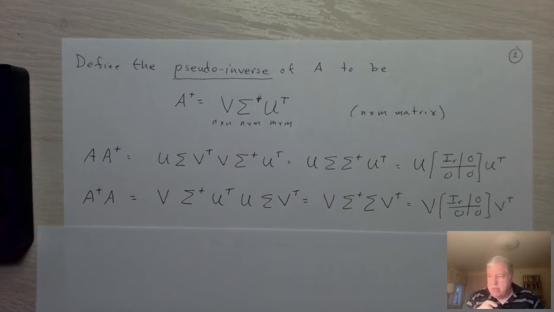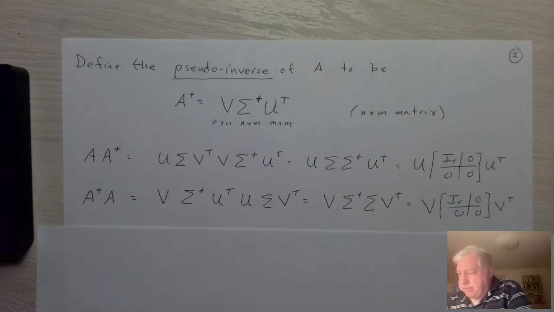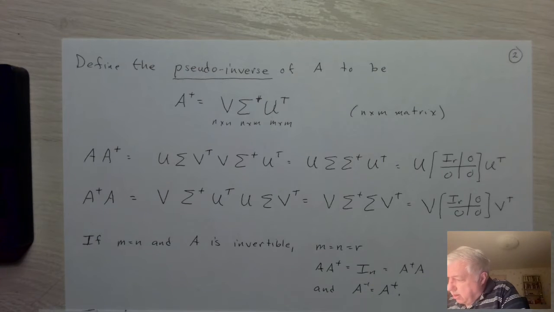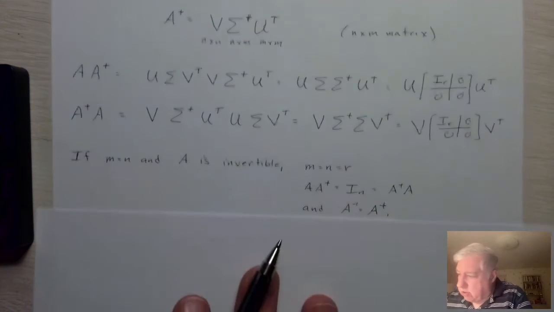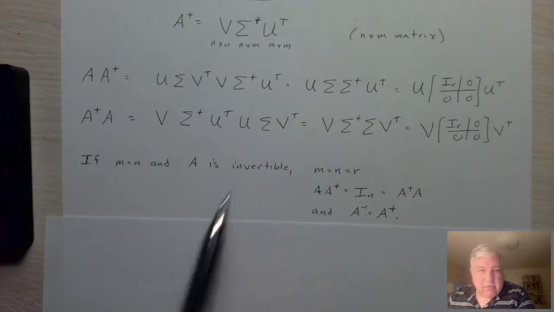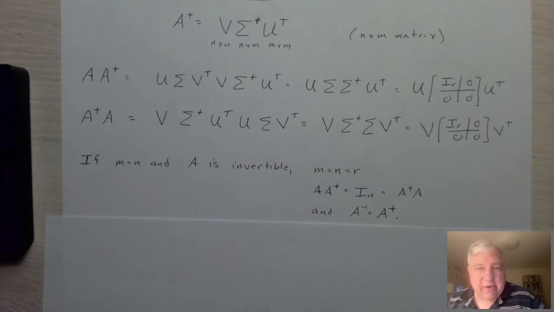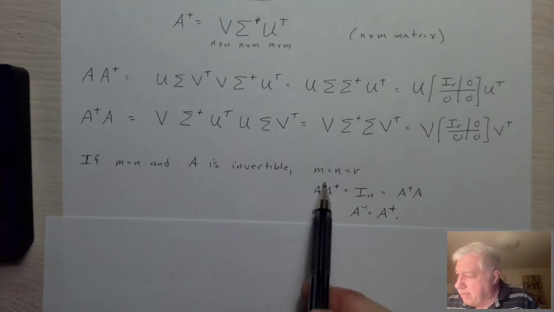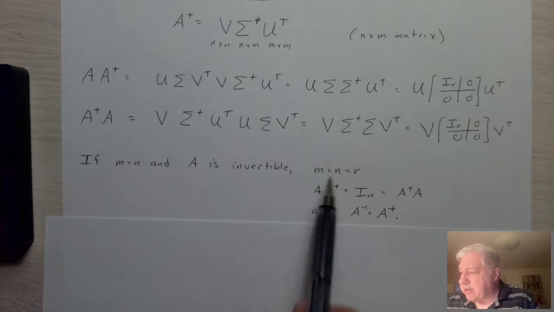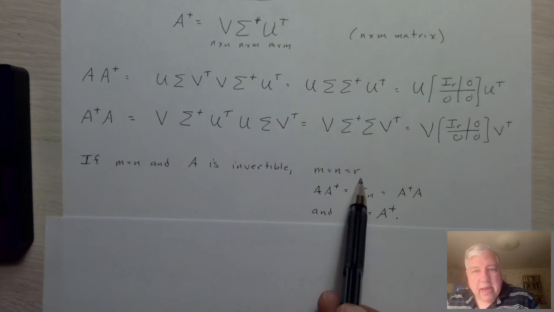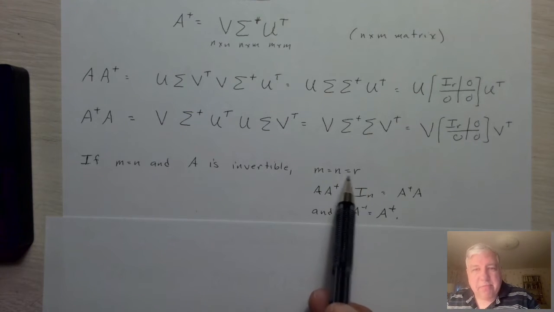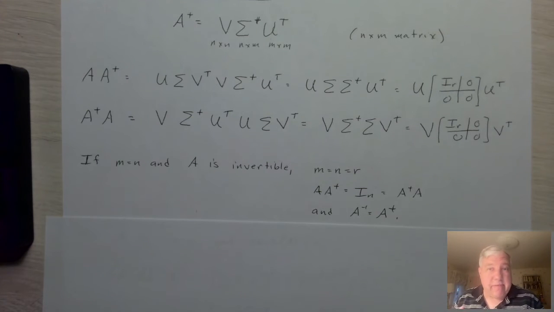Now, one thing you should keep in mind is that in the case where m and n are equal and A is invertible, in other words, A is just a regular invertible square matrix, r is also equal to n and m, because the only way a square matrix can be invertible is if its rank is equal to the number of rows or the number of columns.